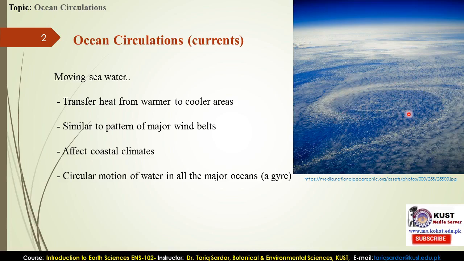Actually, what's a gyre? It's a circular spiral form, and it refers to the circular motion of water in all the major oceans, centered in the subtropical high pressure regions. These are areas near the tropic of Capricorn or tropic of Cancer, the tropical areas next to the equator, where the oceans have high pressure.